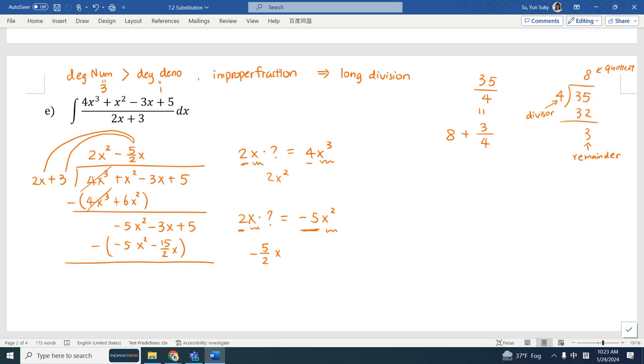It's okay, because when we divide numbers, we use integers, but with polynomials, we may see fractions. Do you see the first term cancel? Because minus minus becomes plus. The second term, let's do it slowly. Negative 3x minus negative becomes plus 15 over 2 x. So negative 3 plus 15 over 2 is what?